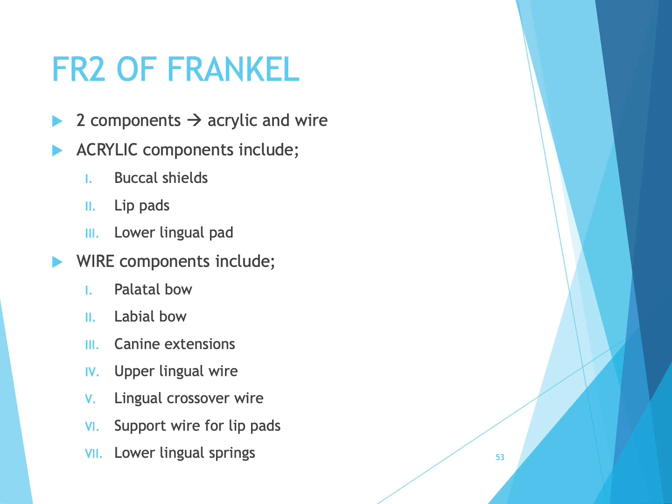The acrylic components include the buccal shield, lip pads, and lower lingual pads, whereas the wire components include the palatal bow, labial bow, canine extension, upper lingual wire, lingual crossover wire, support wire for lip pads, and lower lingual spring. I will show you photos that will explain these two basic components of the FR2.